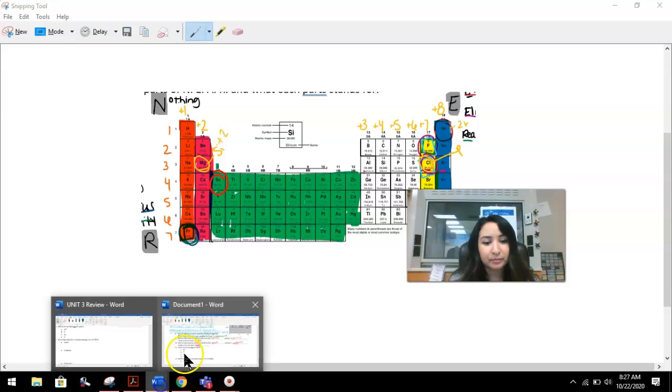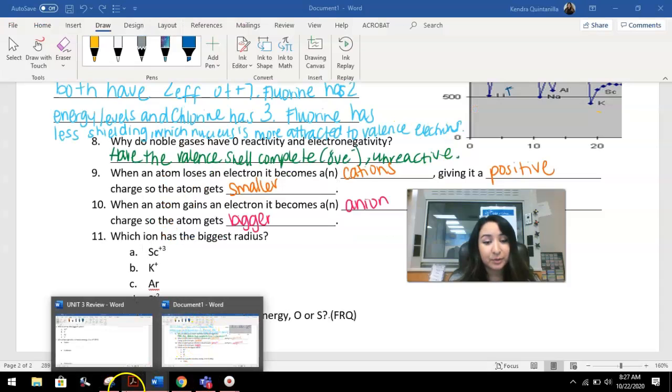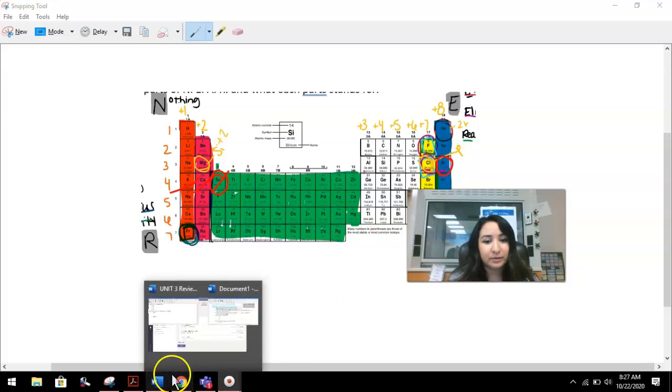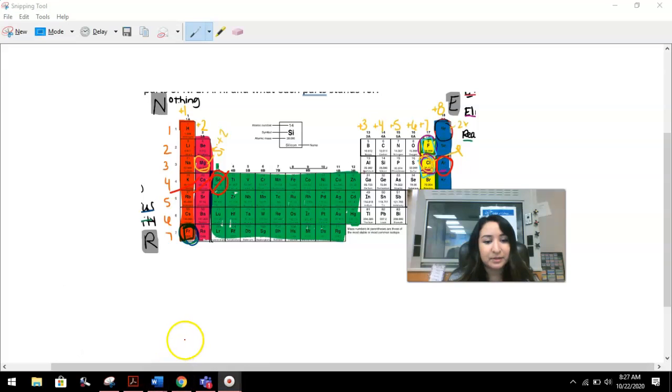Let's double check. +3 charge, so it will lose this electron. Remember, we always lose the 4s first. This electron and this electron. So it would actually lose the 4s and the 3d1, and it would be isoelectronic with argon. Okay, so now we know that this one is in the place of argon.